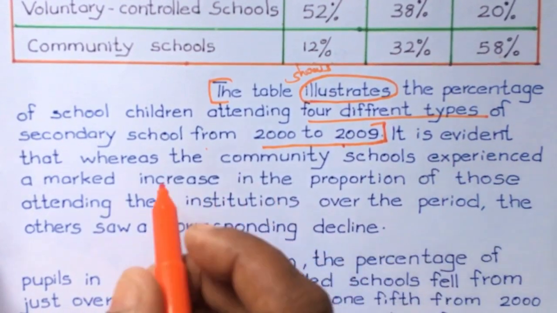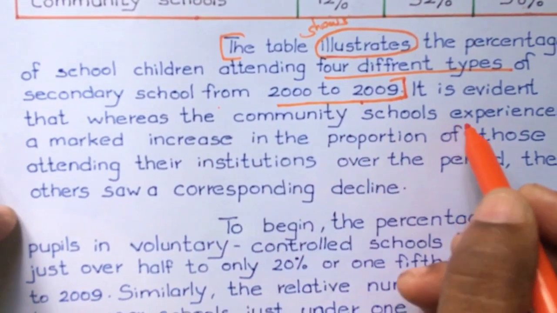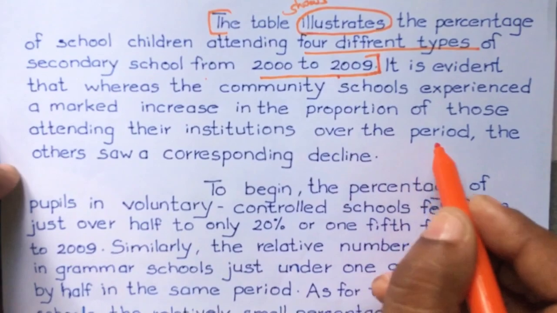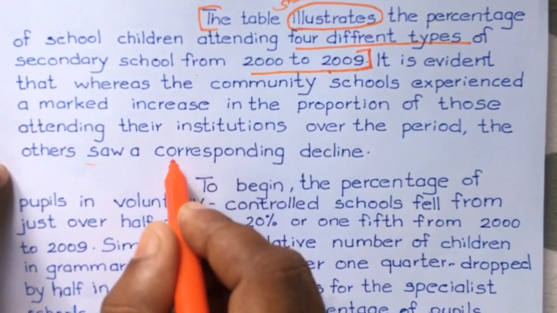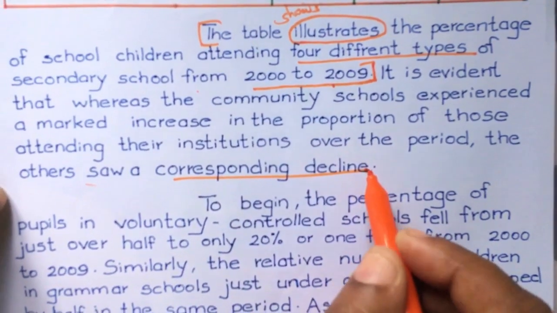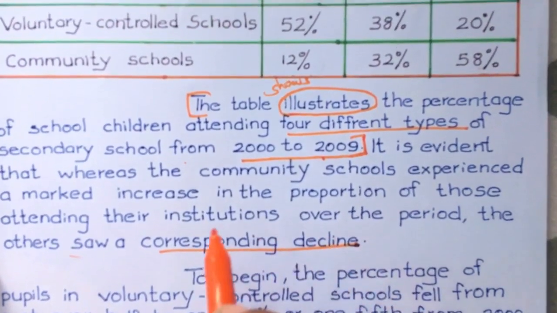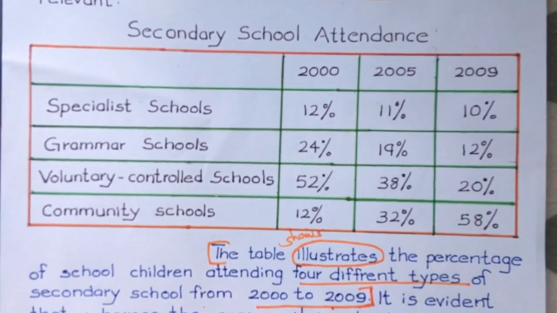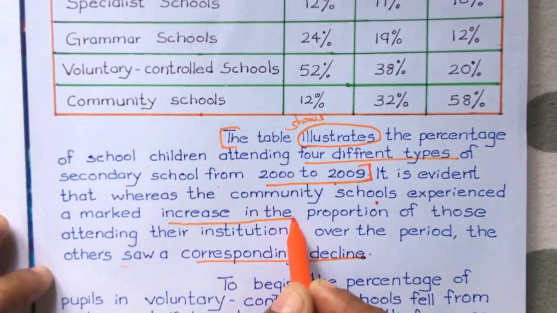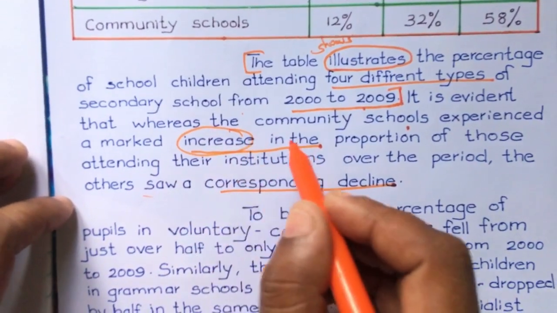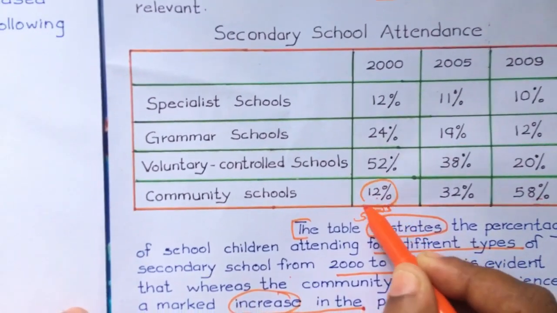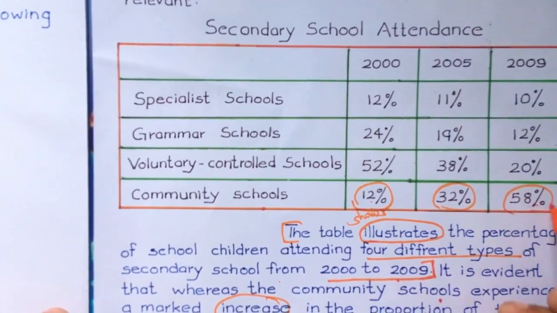It is evident that whereas the community schools experienced a marked increase in the proportion of those attending their institutions over the period, the others saw a corresponding decline. See the sentence over here: community schools increased. See the percentage from 12 to 32 to 58, right?